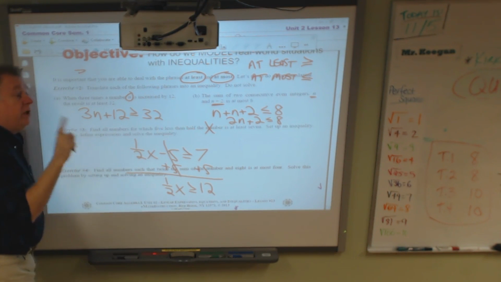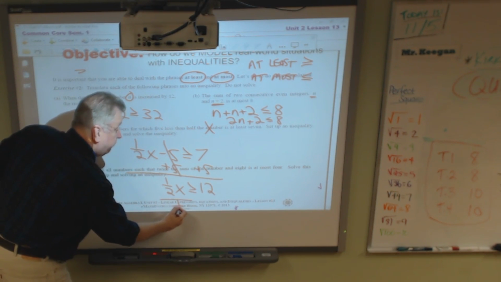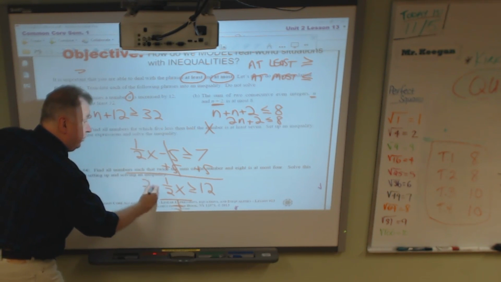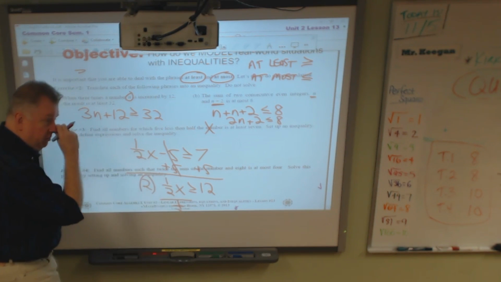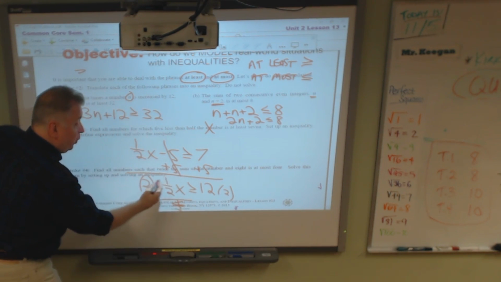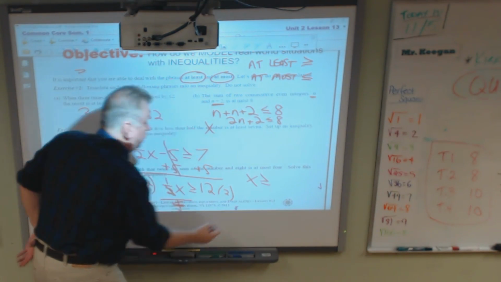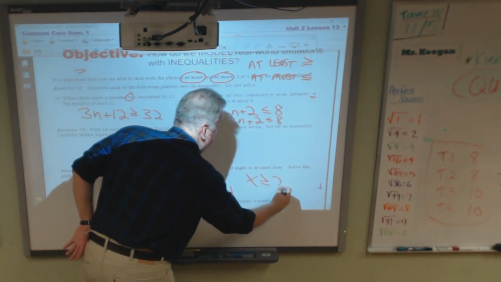You could either divide by 1/2 on both sides, or you could multiply by 2 on both sides. Which one do you want to do? Multiply by 2. So the 2's cancel out here. You just have x is greater than or equal to 24. 12 times 2 is 24.